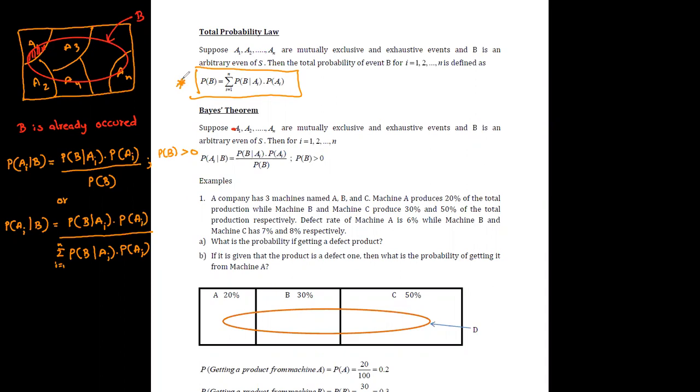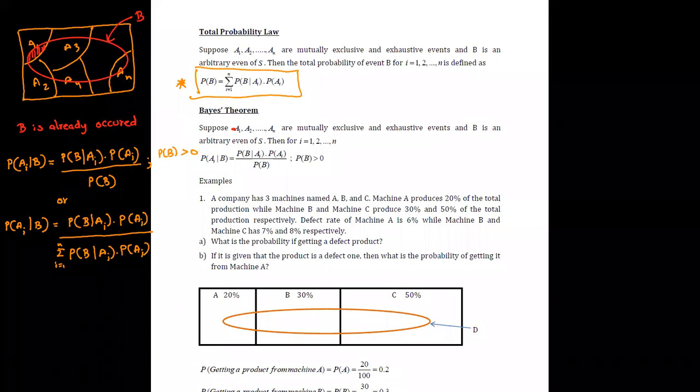These are the two concepts which are widely used in probability. If you are conditioning on events, then the total probability law and Bayes theorem are widely used. Then we will discuss an example related to the total probability and Bayes theorem.